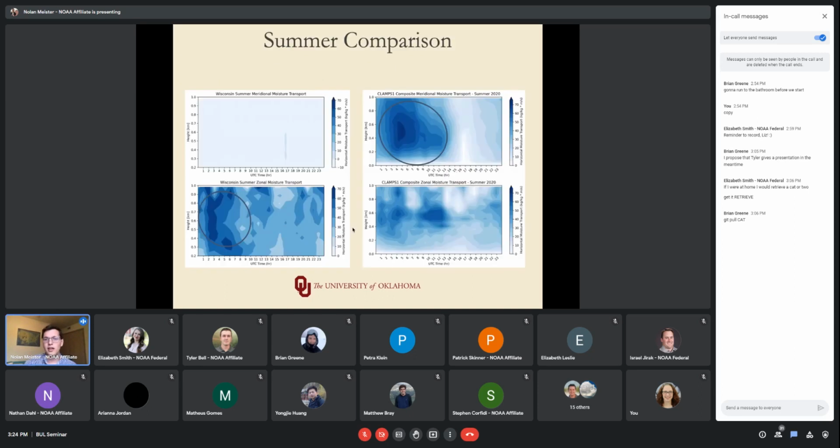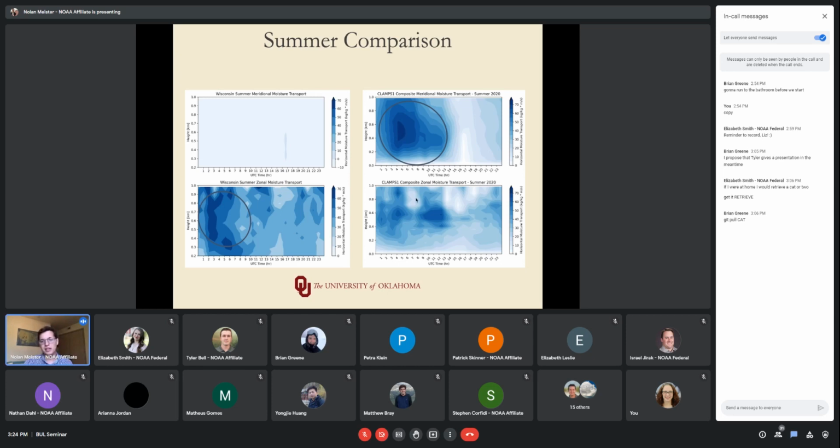Oh, sorry about that. The first thing that really stands out to me when I look at the summer comparison is that we have a noticeable maximum in meridional moisture transport in Oklahoma in the summer around 5 UTC in the middle boundary layer. We all live in Oklahoma, so we all know that's the nocturnal Southern Plains low-level jet that we get most nights in the summer.